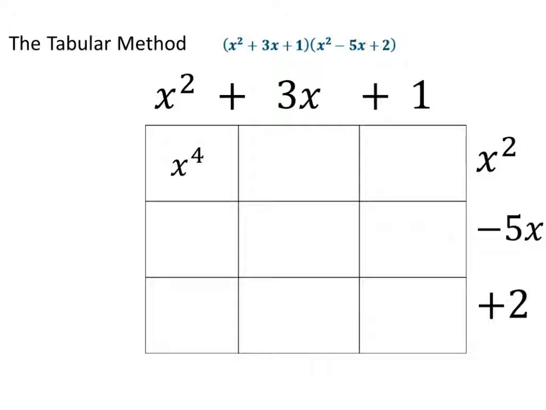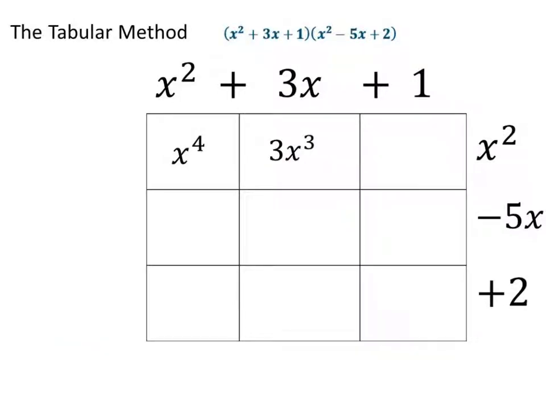And then x squared times x, adding the exponents together, will be x cubed. That's why the content of the next box will be 3x cubed. And negative 5x cubed over here.